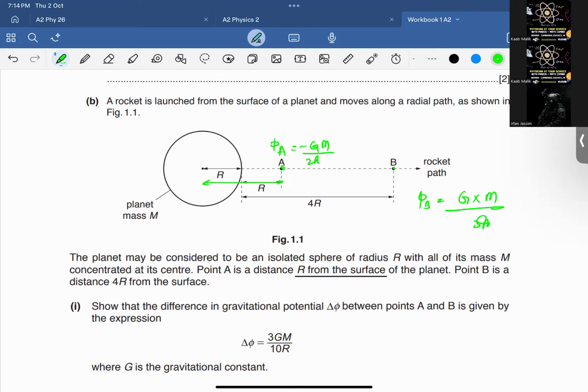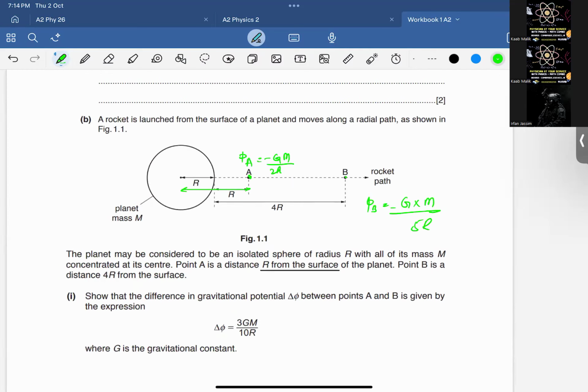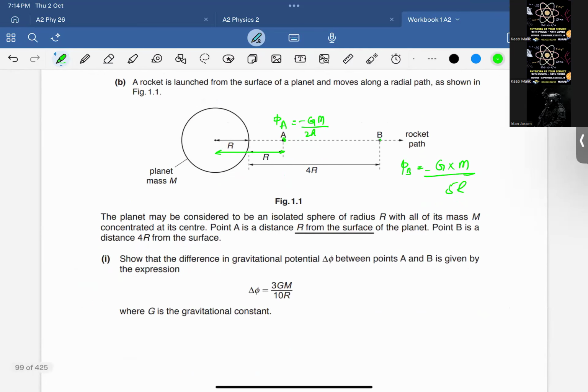Minus GM over 5r. Now since they are asking for the change in the gravitational potential, you can find the change. So final, which is minus GM over 5r, minus initial.